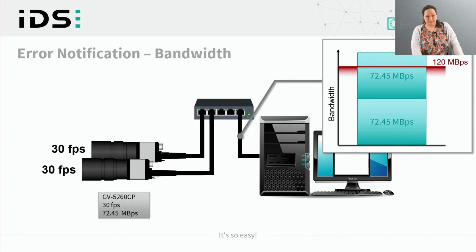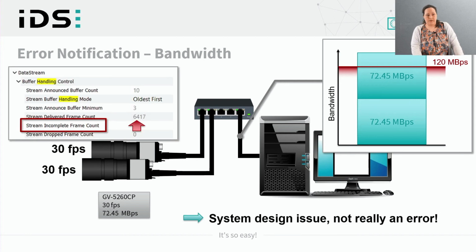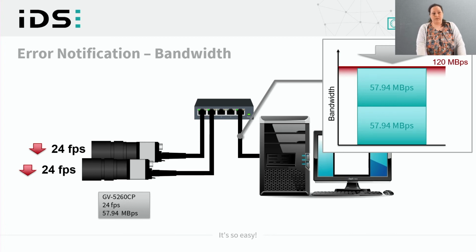What can you do? You can reduce the bandwidth, because it's a system design issue. It's not really an error, but your system is just not designed to deliver all this data. So you can reduce the frames per second, if that's acceptable for your application.